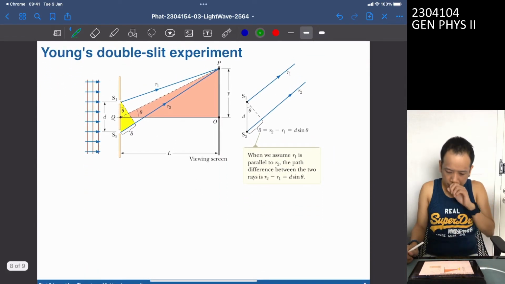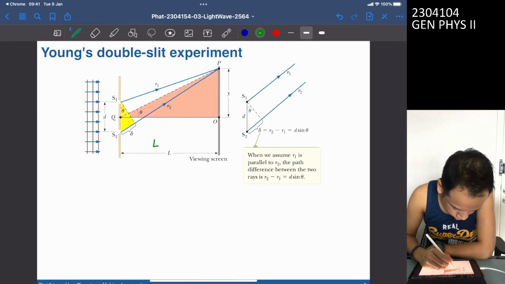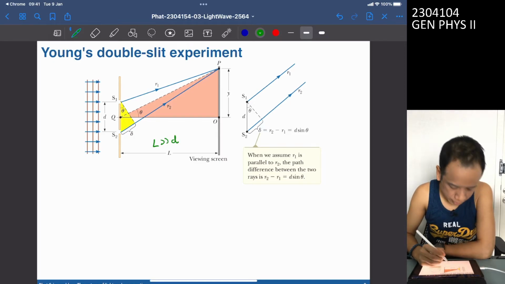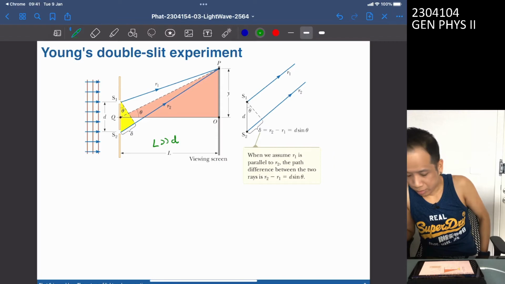So if we assume that L is much larger than the distance between the two apertures, L is larger than d.